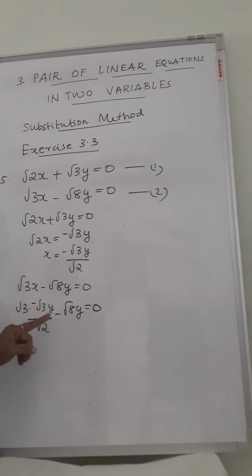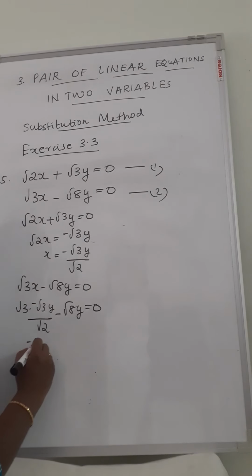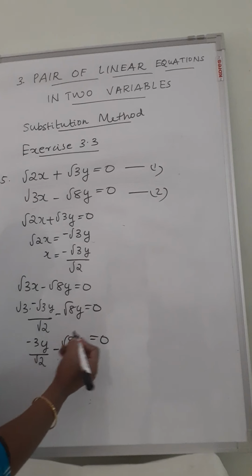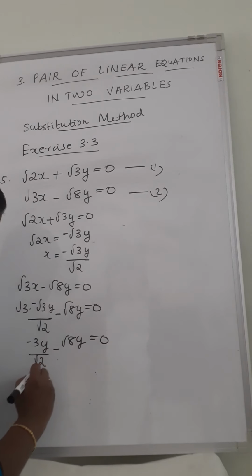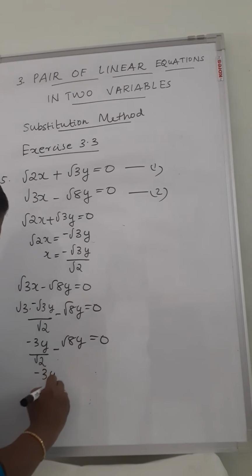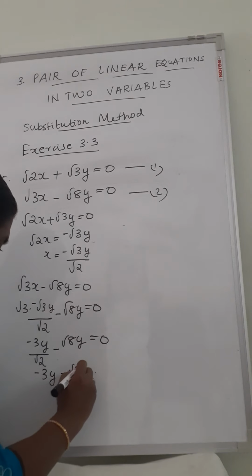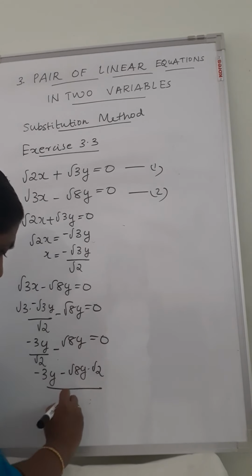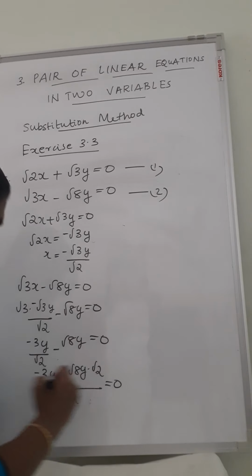Root 3 into root 3 is 3. Then minus 3y by root 2 minus root 8y is equal to 0. Then taking LCM, minus 3y minus root 8y into root 2 by root 2 is equal to 0.